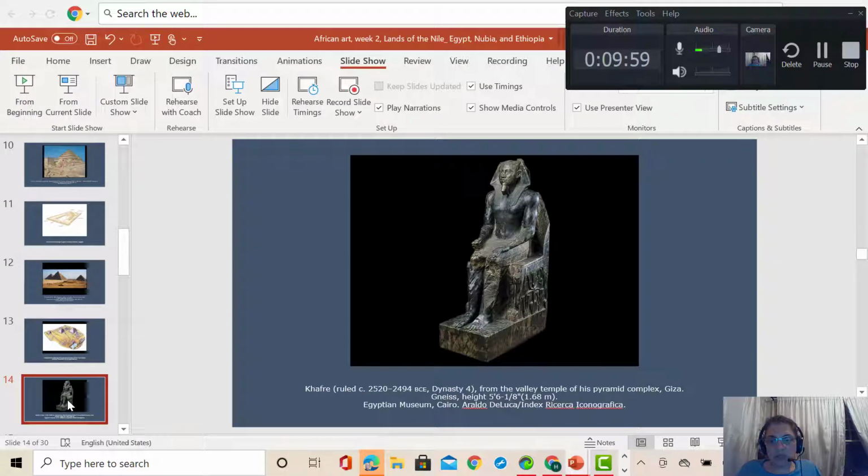So now we'll look at Khafre. I have a very short video up about Khafre, who is buried in one of the pyramids. And he sits on his throne here. And notice how stiff his body is. Notice how symmetrical his body is. And youthful, idealized. Did he actually look like this?